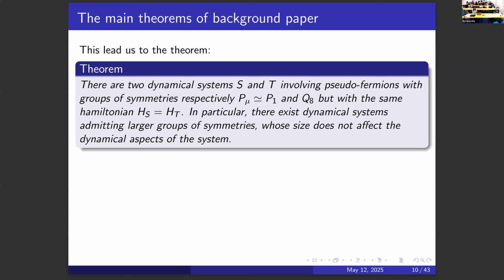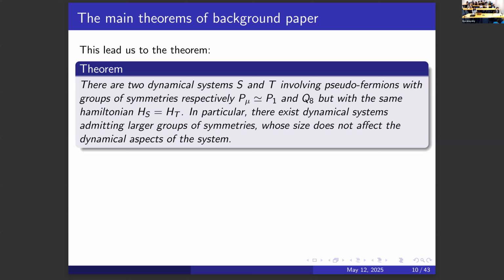There are specific ways of writing these fermions and certain relations that they have to obey. If you relax some of those relations, you get what are called pseudo-fermions, which turn out to have practical applications.